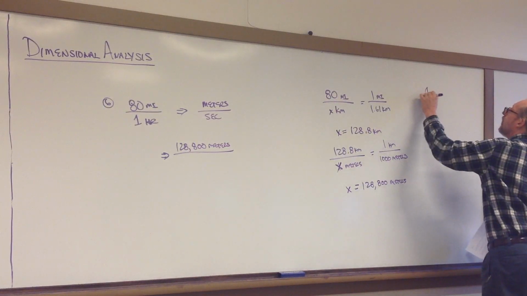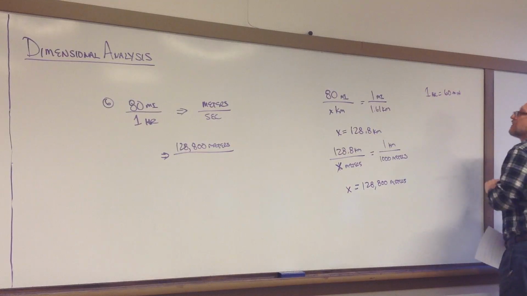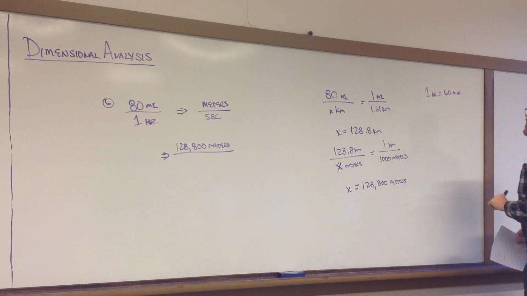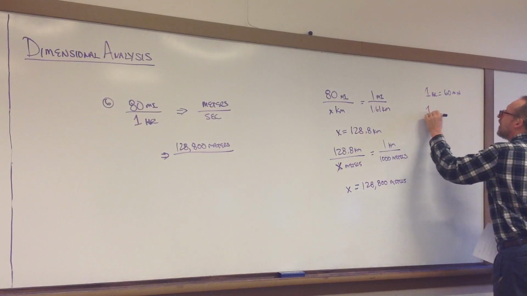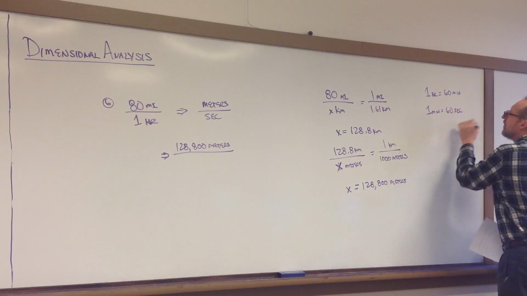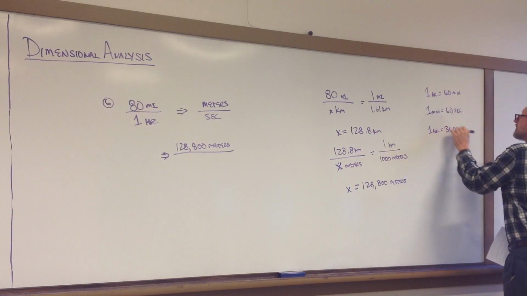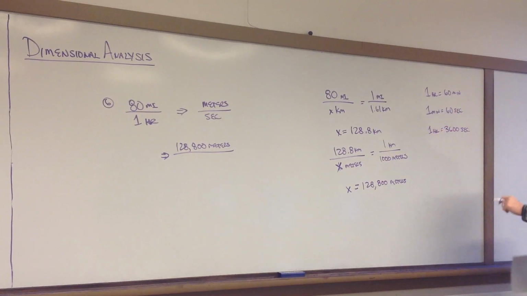So we know that 1 hour is 60 minutes, and we know that 1 minute is 60 seconds. Again, the short version of this is to do 60 times 60. 1 hour is 3,600 seconds.